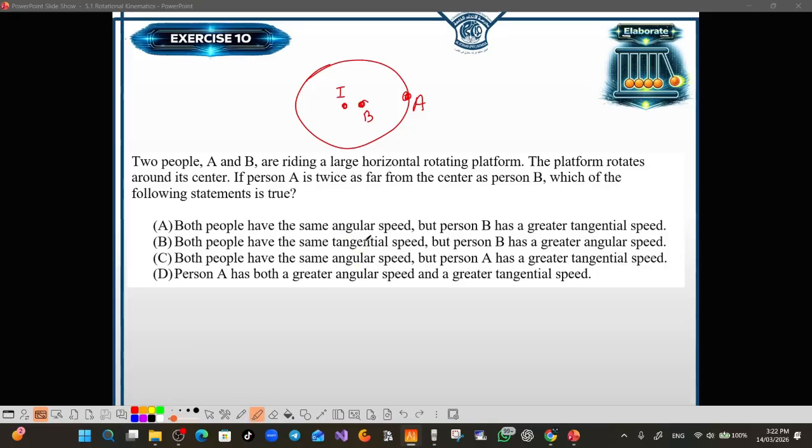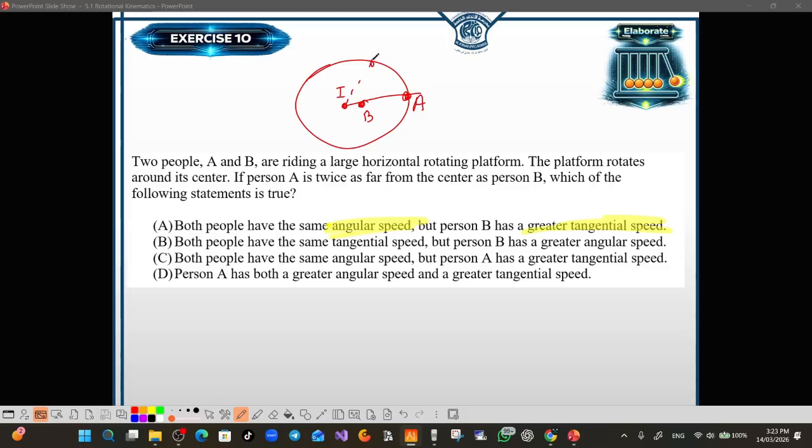Now all the statements are describing the relationship between the angular speed and the tangential speed of person A and B. We know that during the motion, the disk will rotate, so A and B will start to move simultaneously.